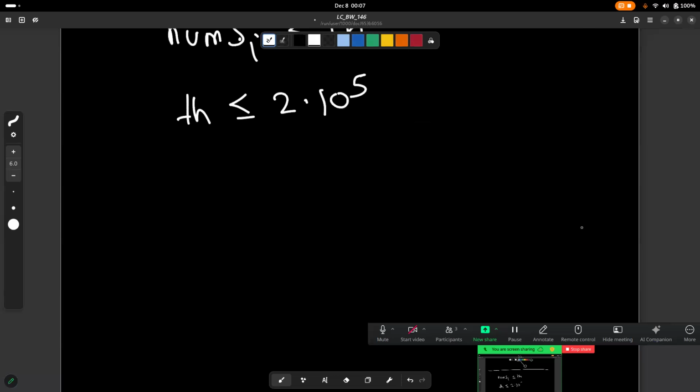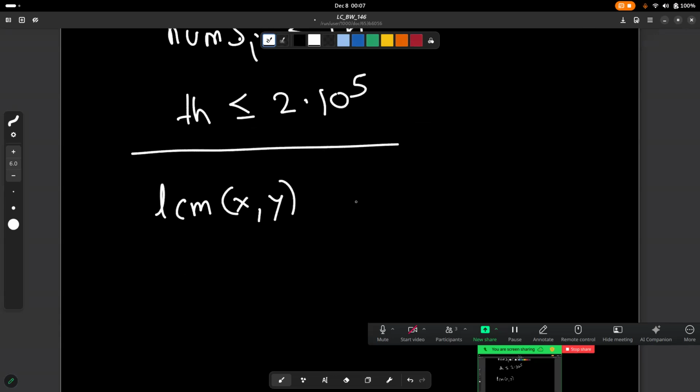So now, when we say my nums of i are up to 10 to the power 5, I am talking about LCM over here. I can add an edge between X and Y when my LCM is less than or equal to this threshold. Calculating the LCM is a bit difficult.